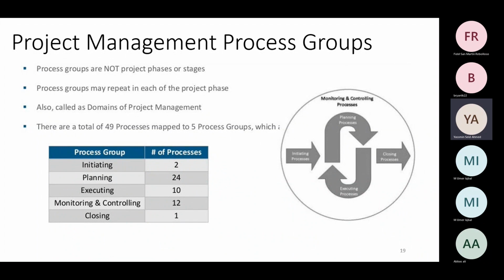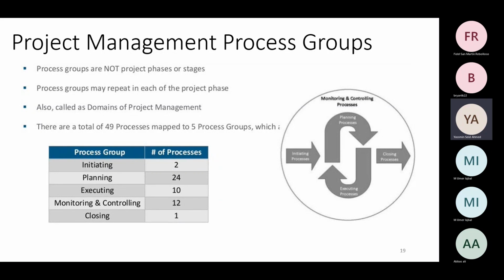Throughout this, we also monitor and control, because we have a requirement management plan, or a scope management plan, and we see whether we are performing as per the plan or not. So monitoring and controlling is happening as well.